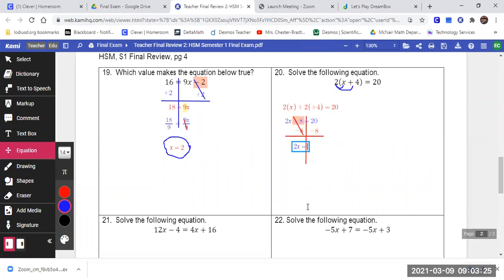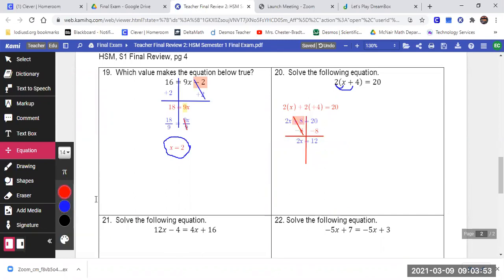So what are we going to get? Okay, so we're done with our big 0. So now what do we need to do?